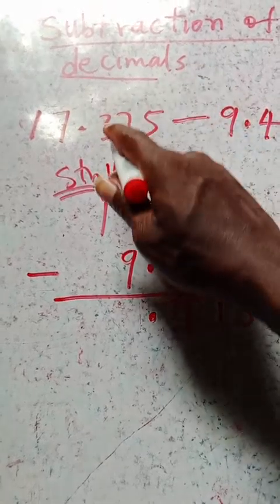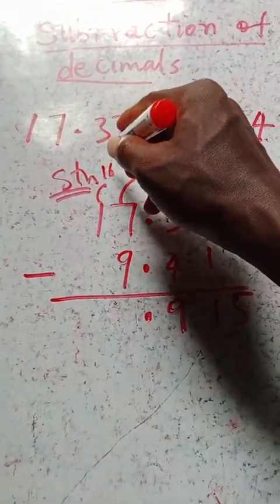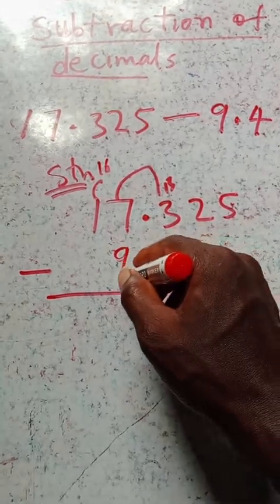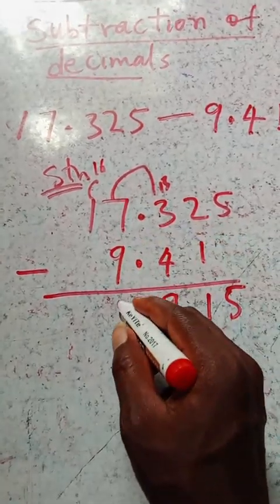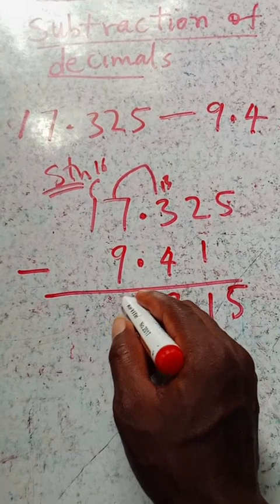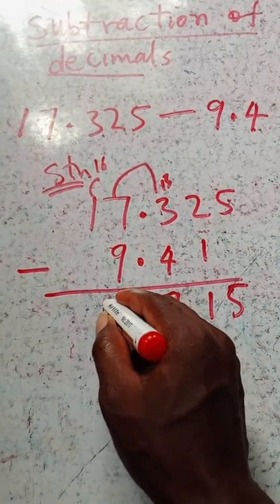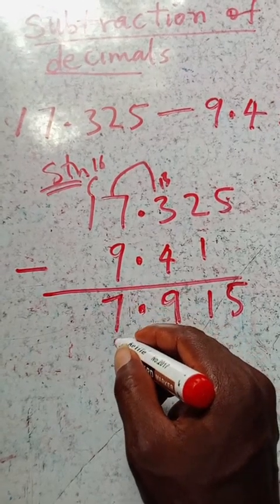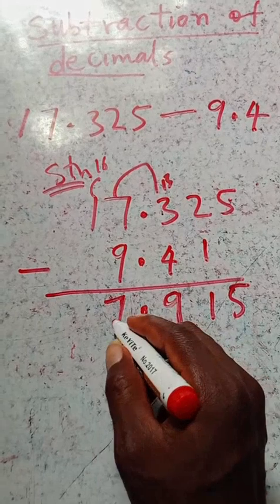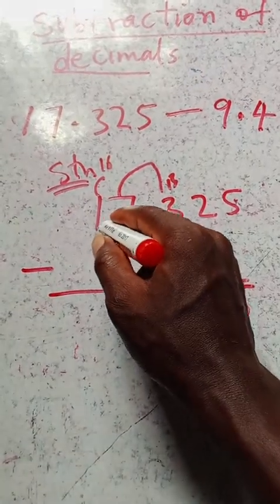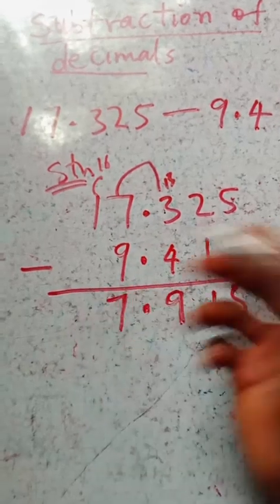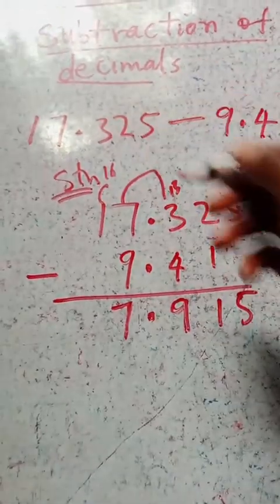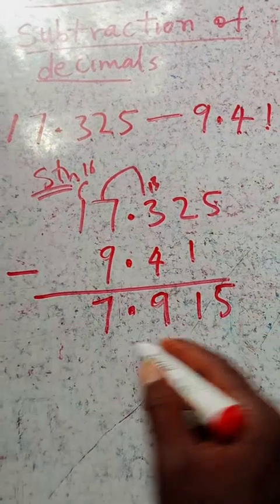Okay, so 16 minus 9 will be what? 7. Okay, and then there will be nothing left here, so you put 0 since you have taken the only one there. All right, so this is the answer.